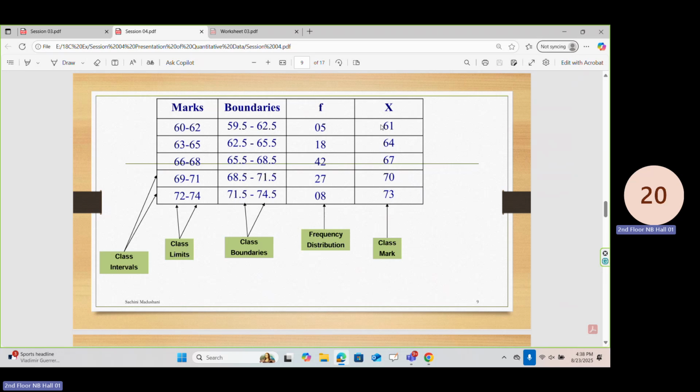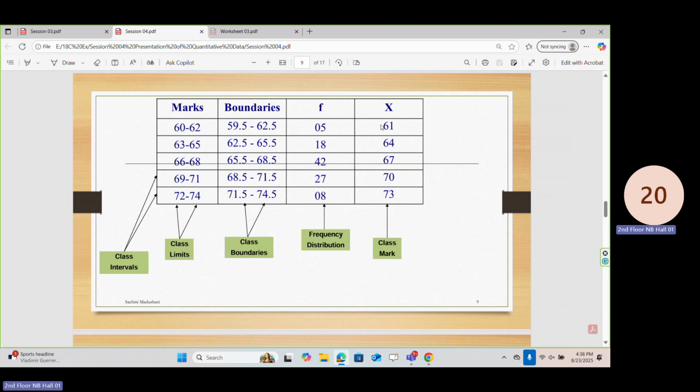It may be true or false. We assume. It's clear? In the ungrouped one, we do not make any assumptions. Why? Individual values are there. It's clear? Here we need to calculate the representative value of each class interval. We take the first class interval. What is the representative value? 61.